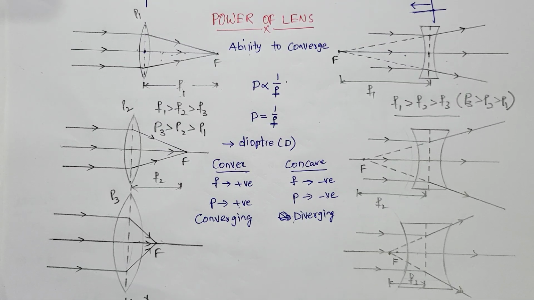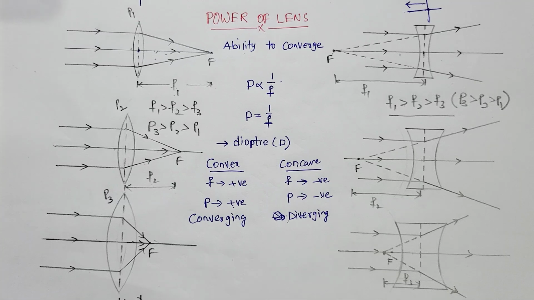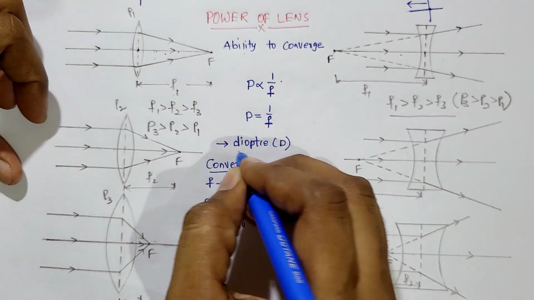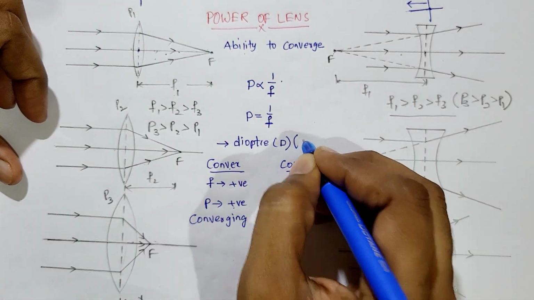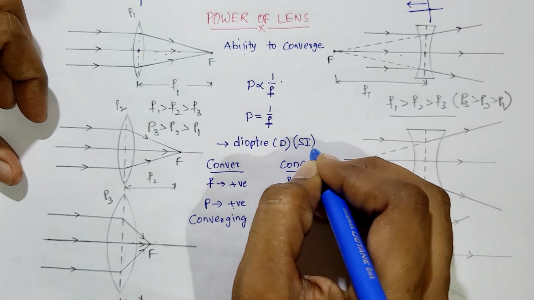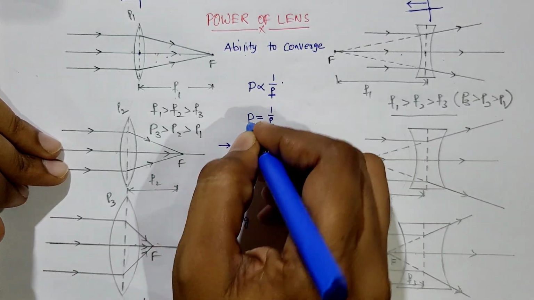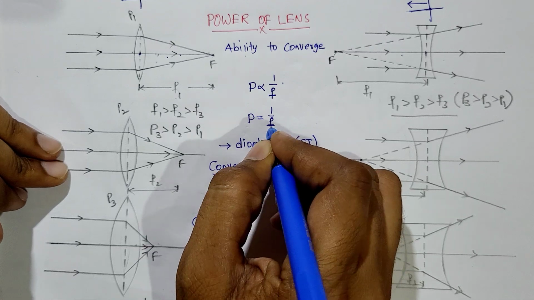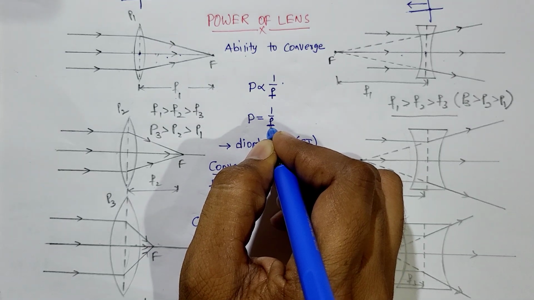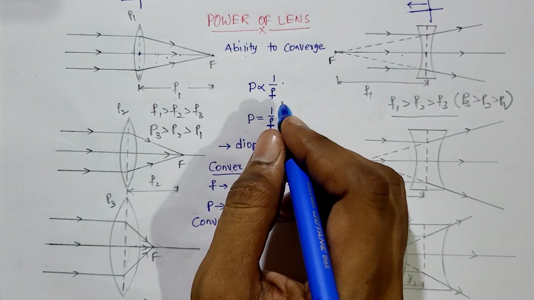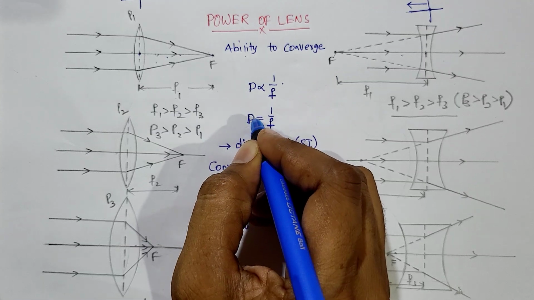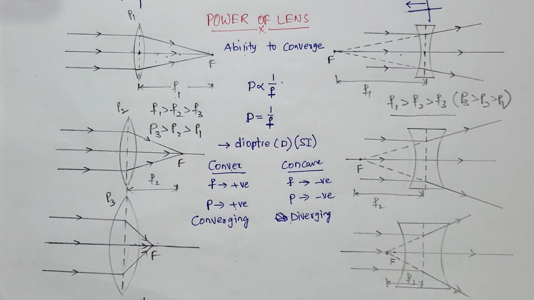And one more important thing about power of lens is the power unit, diopter, right? These are SI units. When we are measuring power in the SI system, we have to measure focal length also in the SI system only. Because in physics, wherever we go, if we are doing any equation, all physical quantities should be measured in only one system of units.